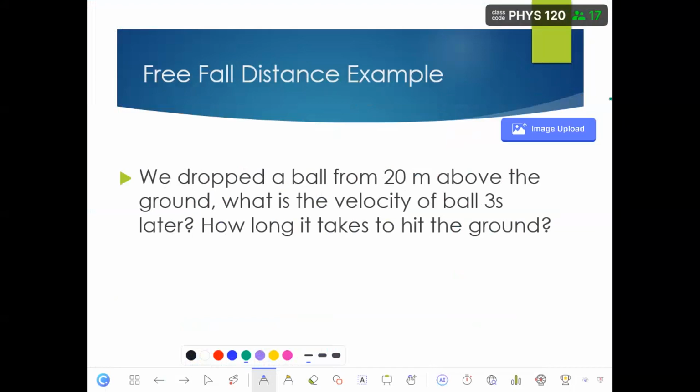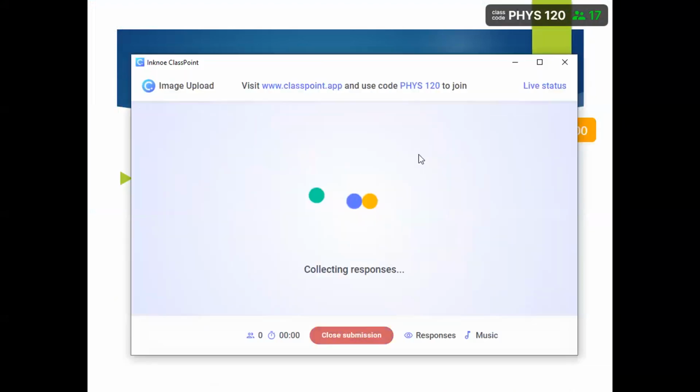Work in a group, you have all the formulas that you need. Again, here acceleration is going to be negative 9.8 meters per second squared. First things first, draw the situation. Draw the coordinate system and then analyze the motion. When you complete that, you can submit your answer here.